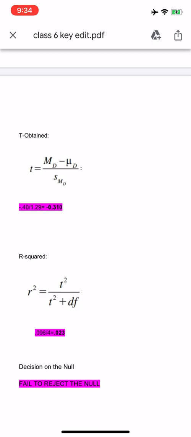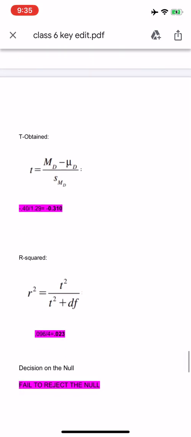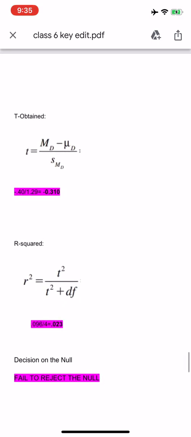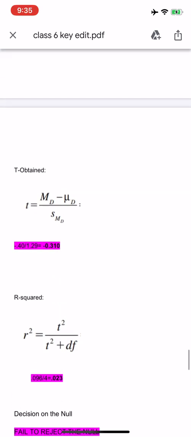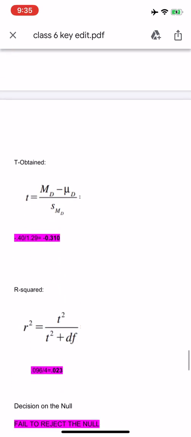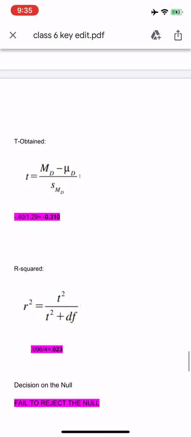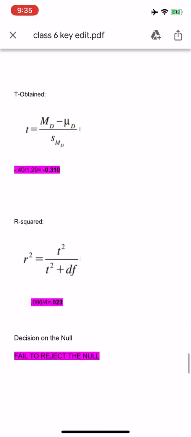So our t obtained is negative 0.310. That falls below the mean, and we were hoping for a score well above the mean. So we are definitely going to fail to reject the null in this case, right? It seems that the manipulation of the independent variable actually had them do slightly worse.